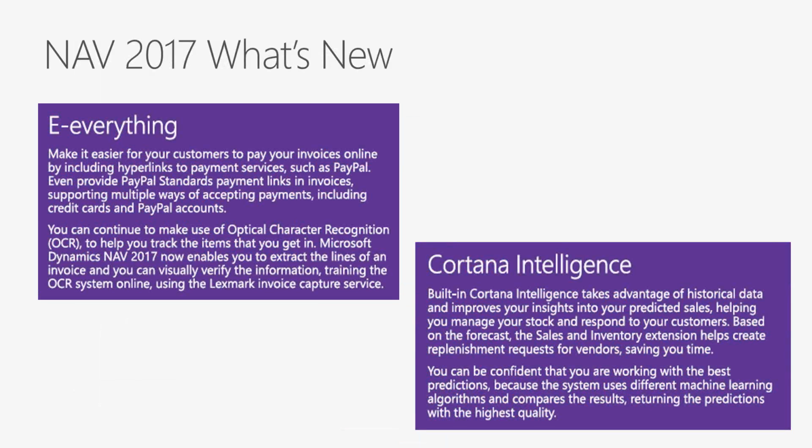Does that save you money by giving your customers the ability to pay faster and more easily? Absolutely. Now, is that enough to pay for a NAV 2017 project on its own? Probably not, but you start to add up all these nickels and dimes, and pretty soon you've got some significant savings. Not to mention the improved OCR scanning capabilities.